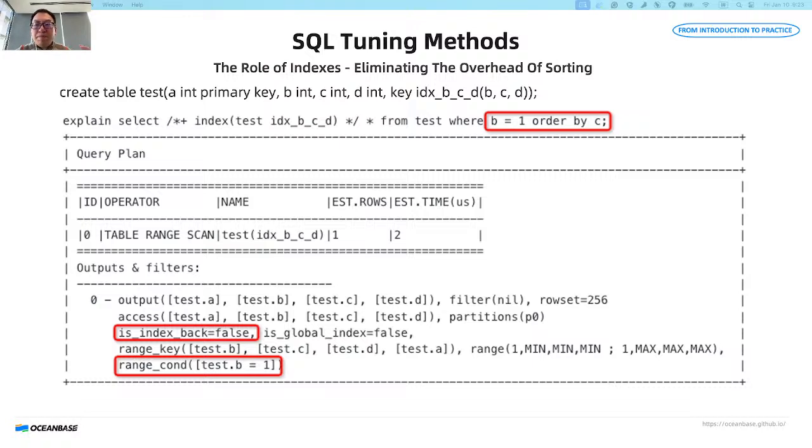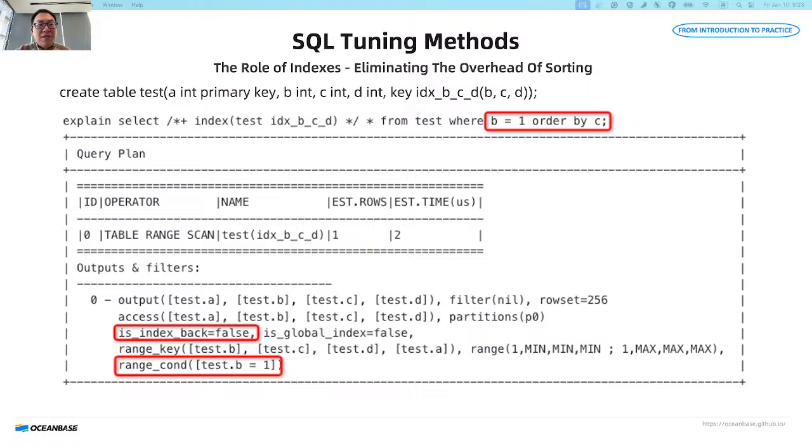This is because the index is ordered by B, C, D, and A. But in the scan result, B is always 1, so the returned data is ordered by C, D, and A. Therefore, ordering by C doesn't need a sort operator.